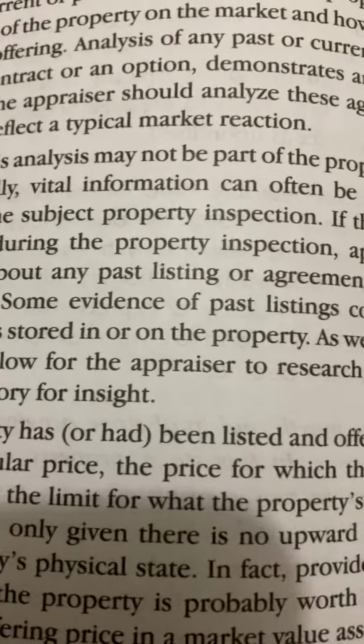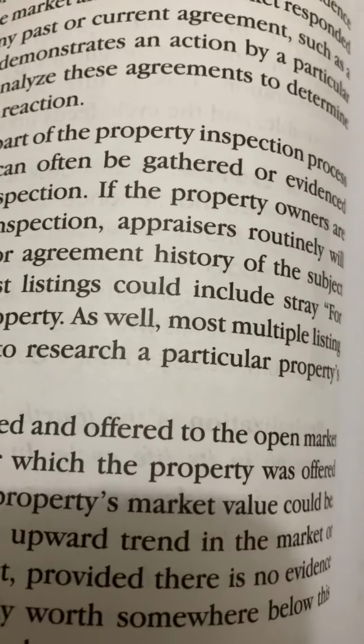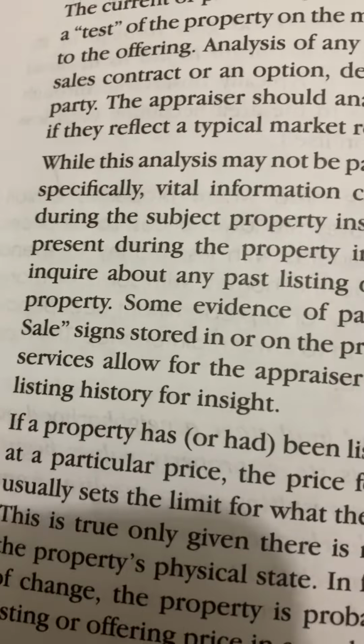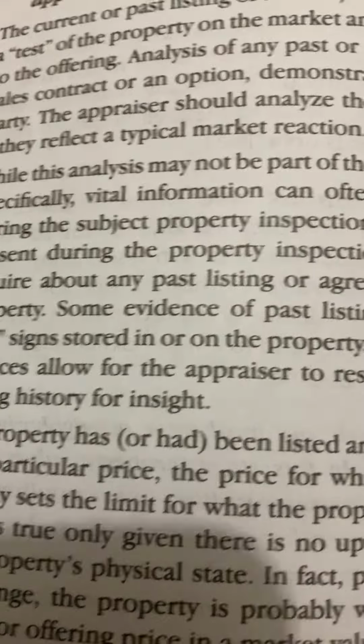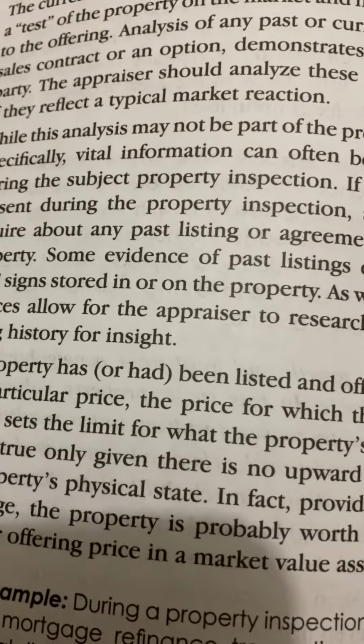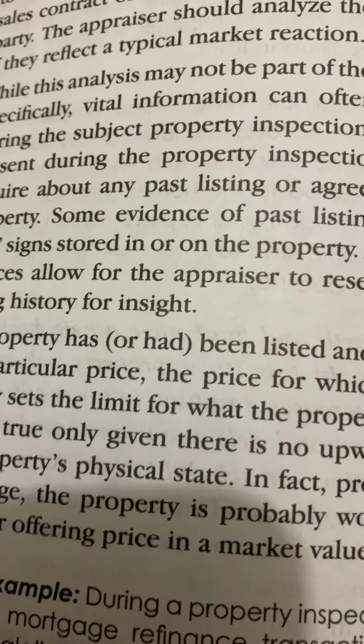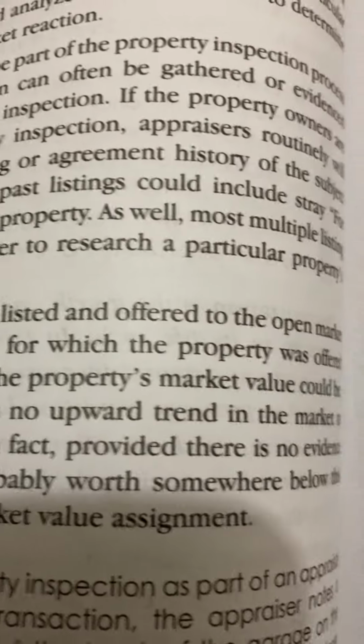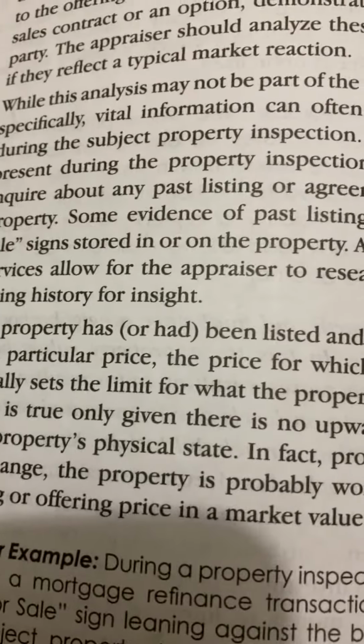While this analysis may not be part of the property inspection process specifically, vital information can often be gathered or evidenced during the subject property inspection. If the property owners are present during the property inspection, appraisers routinely will inquire about any past listing or agreement history of the subject property.